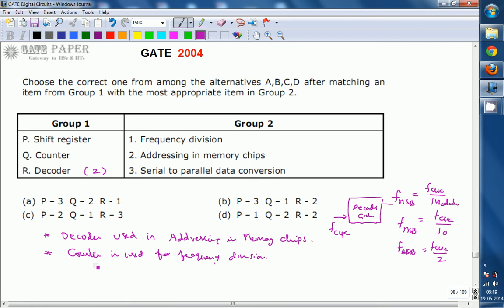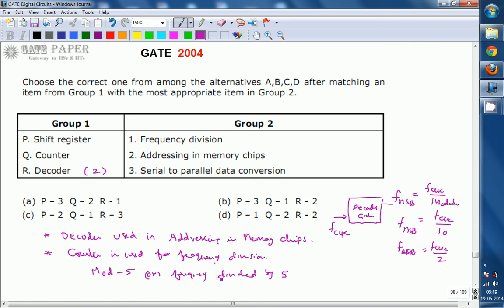Mod 5, for example, is also called frequency divided by 5. That is, the clock frequency is divided by 5 times.